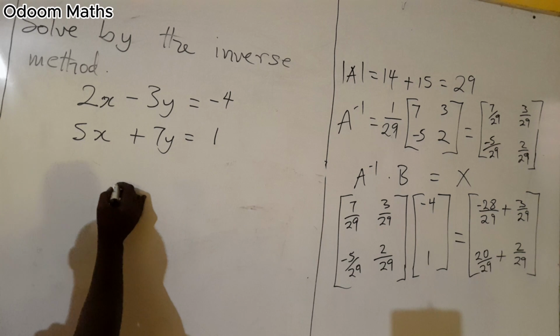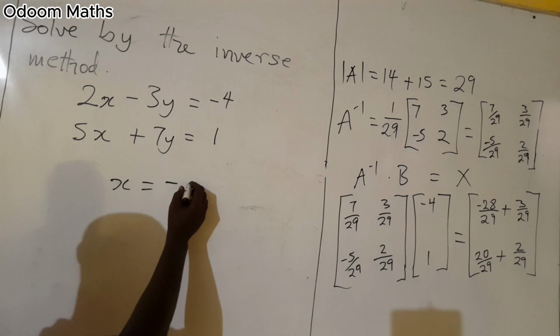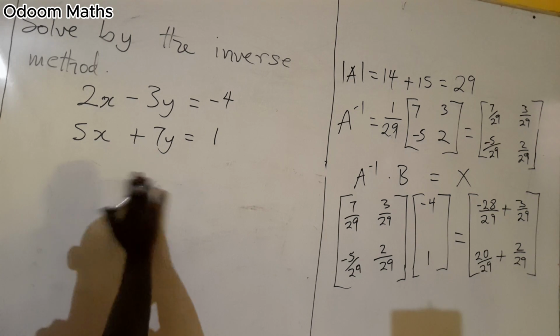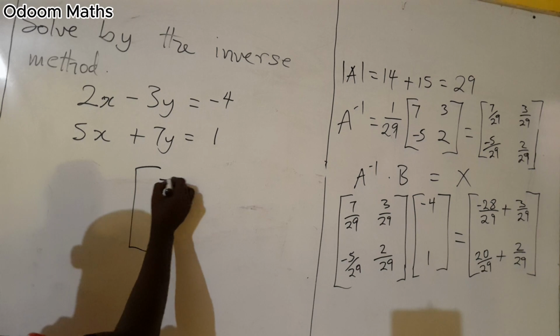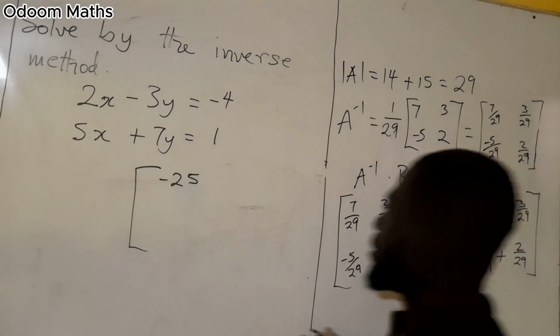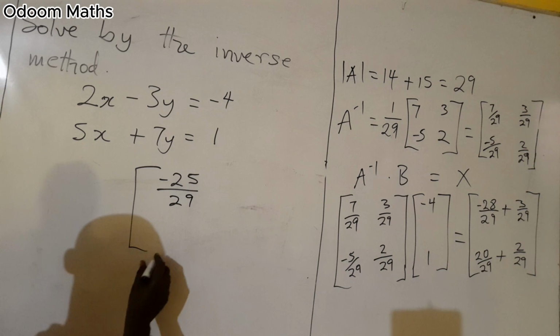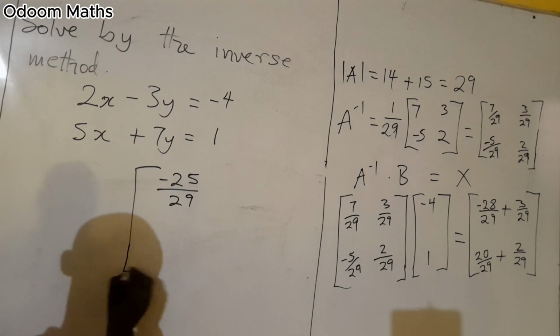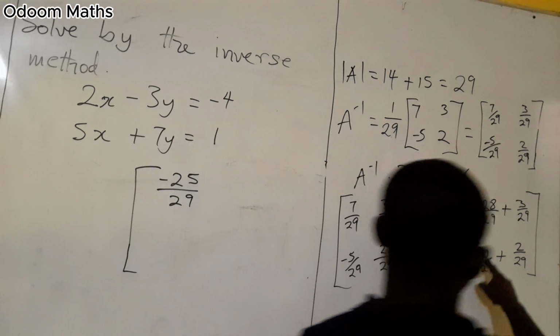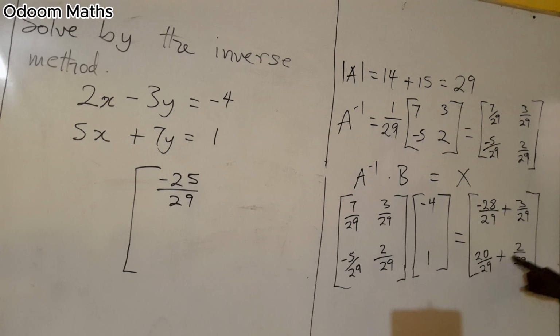So x is equal to negative 25 over 29. Then 20 over 29 plus 2 over 29. The denominators are the same, so we add the numerators.